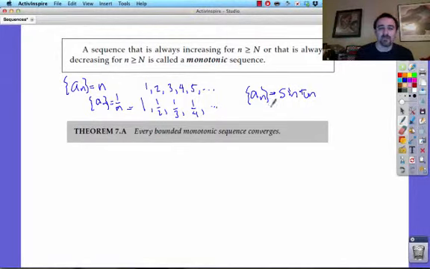This sequence, sine of pi n, where we start with 0, sine of 0, sine of pi, sine of 2 pi. This is actually equal to 0 every time. So let's try another one. Let's try sine of pi over 2n.